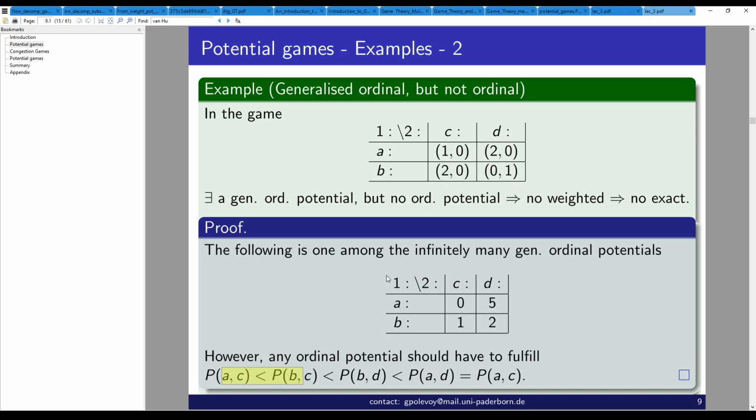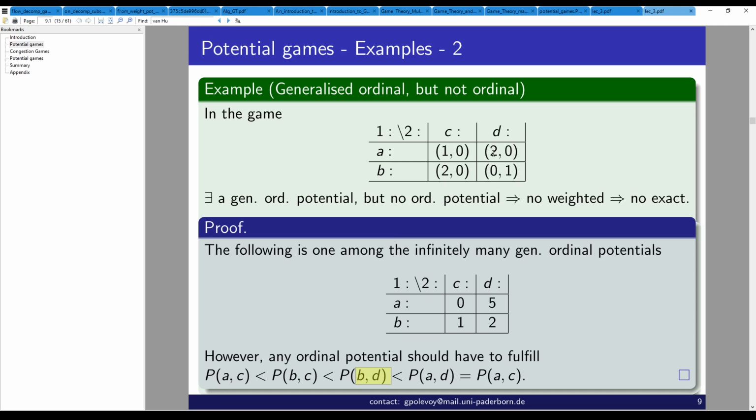So the only change is the column player, and the utility increases from 0 to 1. And the potential, or even ordinal potential, also should increase from BC to BD.